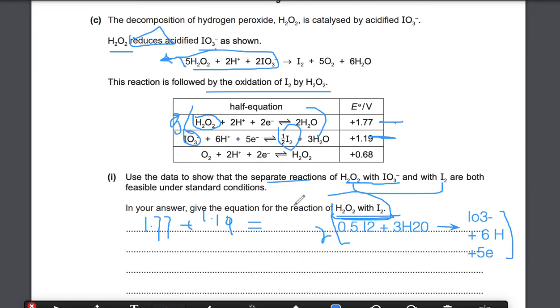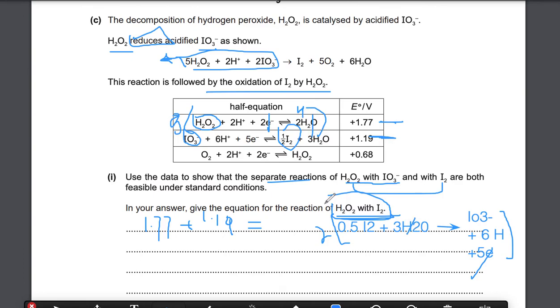Okay, so electrons are cancelled, right? Because they are on the opposite sides. So one is in the products and one is in the reactants. Reactants cannot cancel each other, and products cannot cancel each other. Okay, so there are 10 H2O now, and 2 threes are 6 H2O over here. So 4 are left over here, but the rest are cancelled.